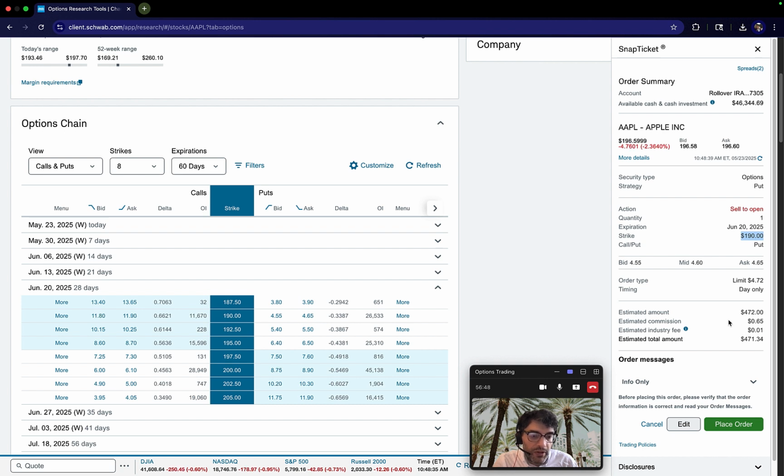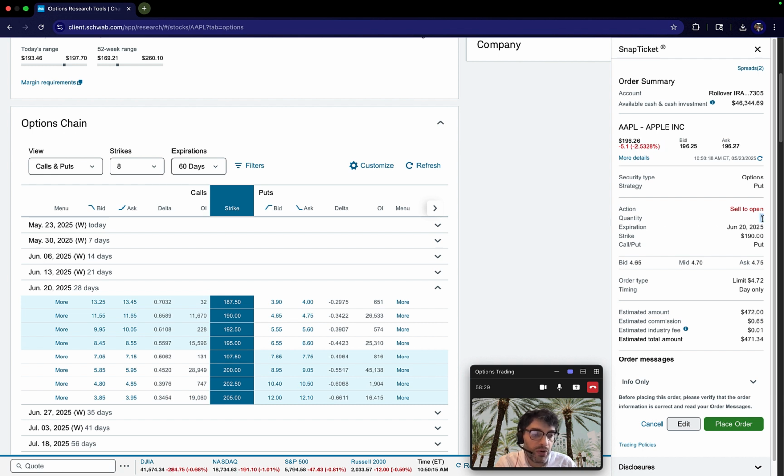So before you click place order, you want to make sure that you have enough funds to cover this in case you get filled. And how much is that? Well, it's 19,000 in this case. How do we know that? Well, 190 times 100 shares. And why 100? Well, because again, we're selling one option contract.